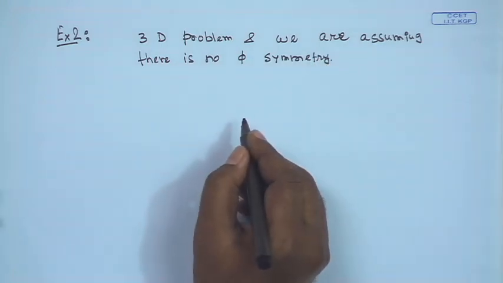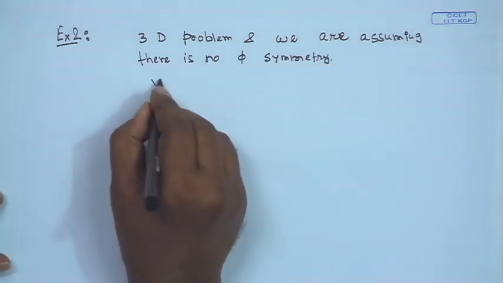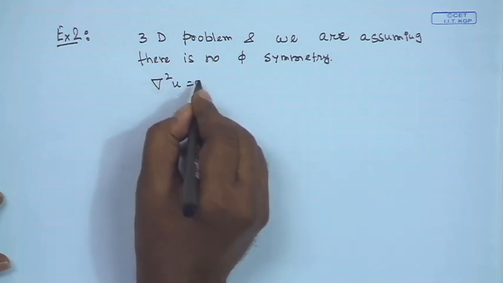So, the problem formulation will be grad square u equal to 0.